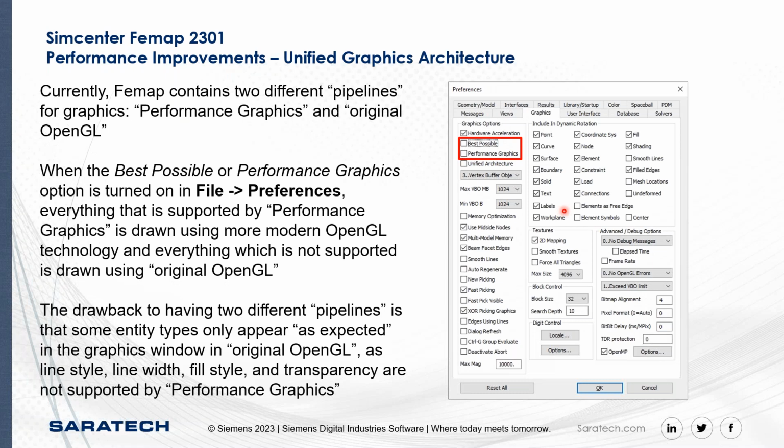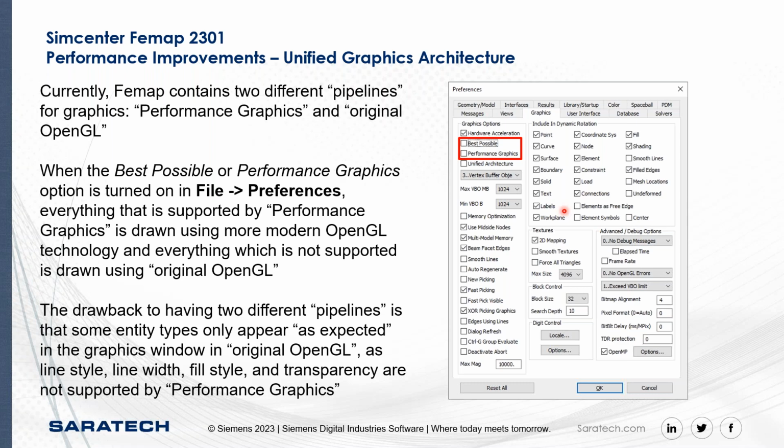As far as the performance goes, this one is related mainly to graphics. Currently, Femap has two different pipelines for graphics: the performance graphics option, and the original OpenGL option.